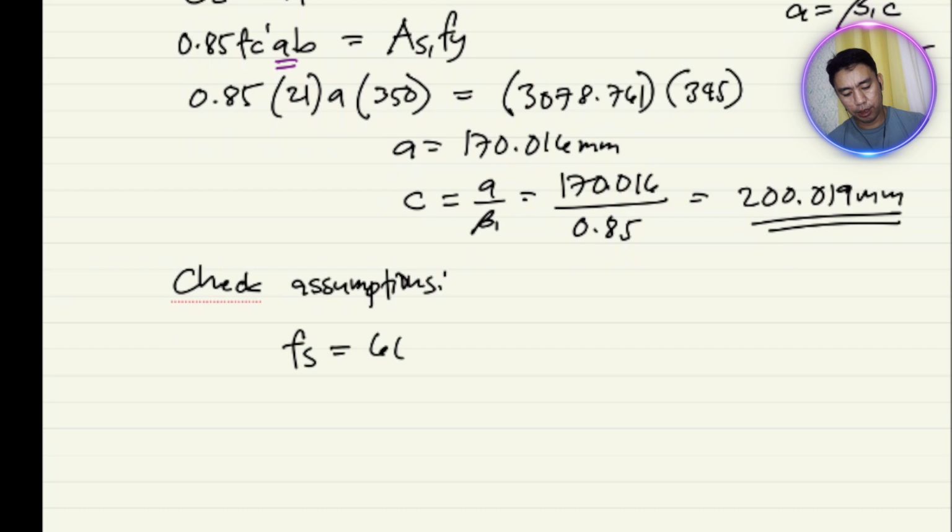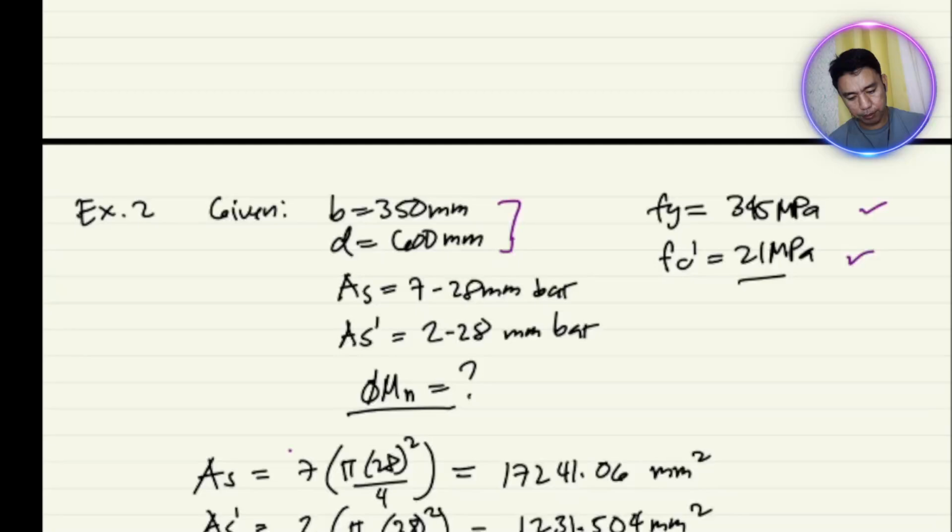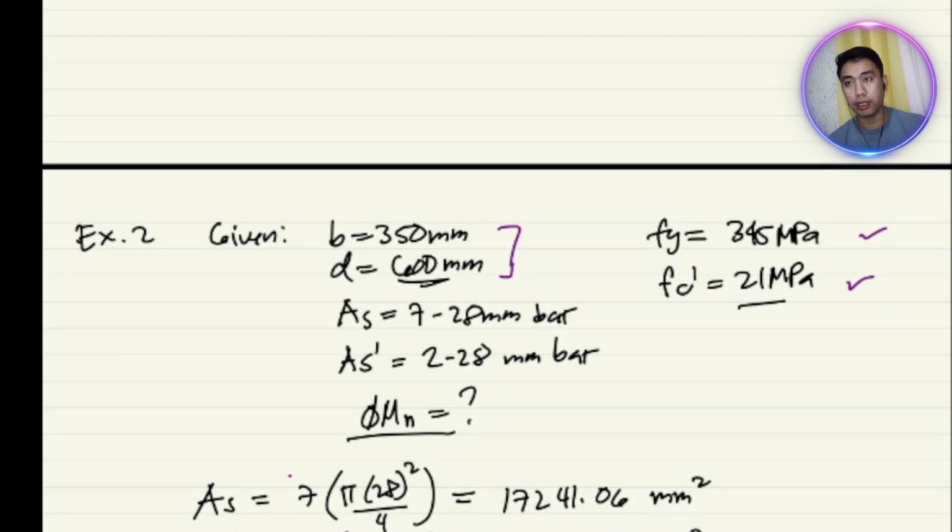But we'll check that with the equation. Ano yung formula? 600 times D minus C over C. That is sa tension. Sa tension still yan, Fs. So, we have 600 times D. Ang D natin is 600. 600 pa rin, right? Yeah, this is 600.